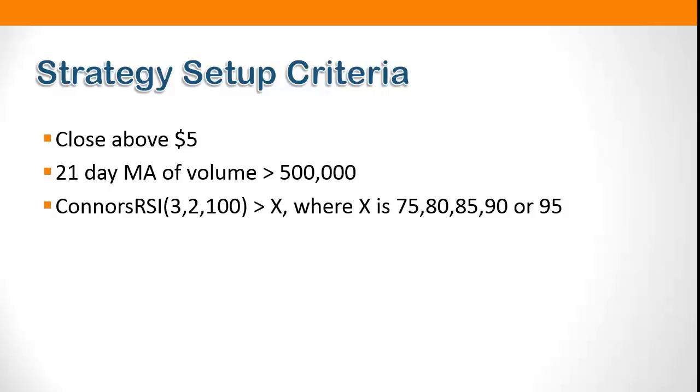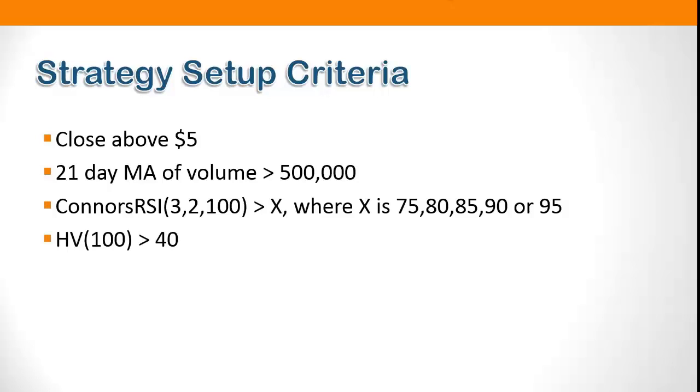ConnorsRSI is TradingMarkets' proprietarily designed indicator, and the standard values they use for it are 3, 2, and 100. The requirement for setup is that ConnorsRSI has to be greater than X, and X could be 75, 80, 85, 90, or 95. So there are 5 possible values for X.